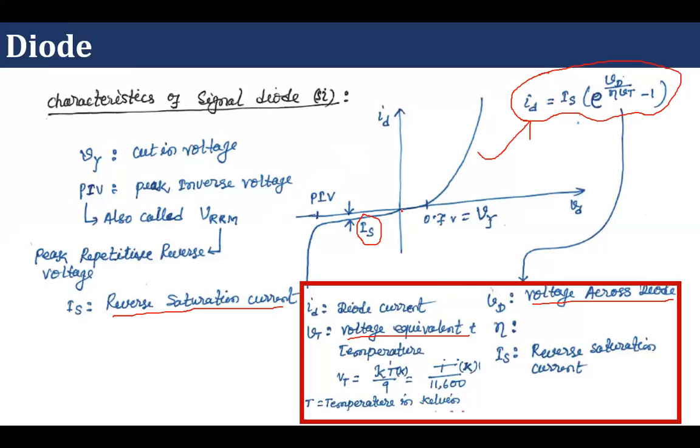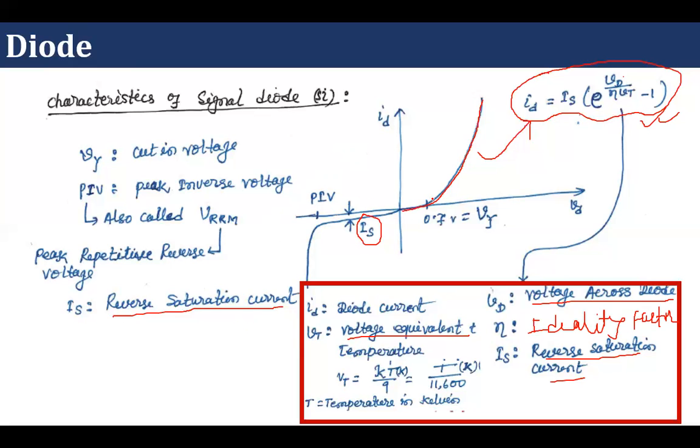So the scientists found this mathematical description of the graph, and it is nearly equal to this, where I_S is the reverse saturation current and eta is known as the ideality factor. Depending on the material, it has a value of 1 or 2.